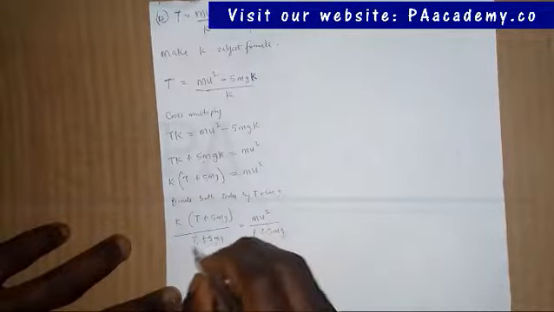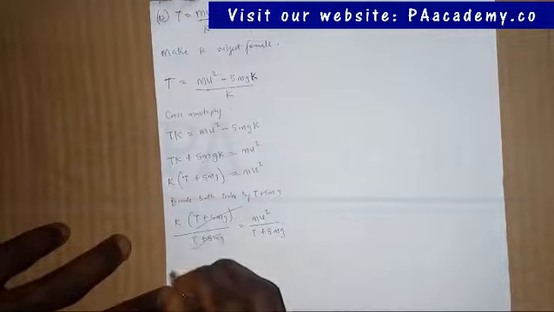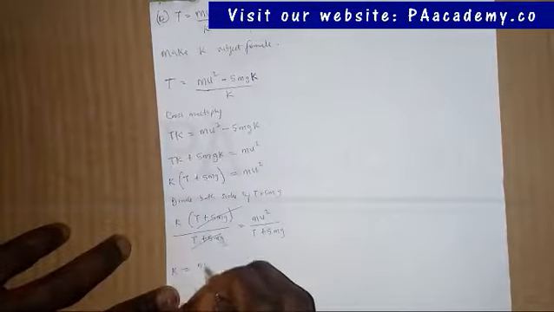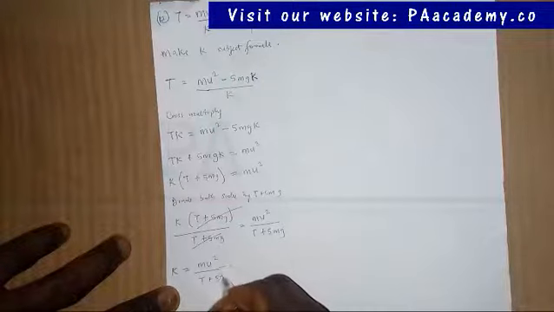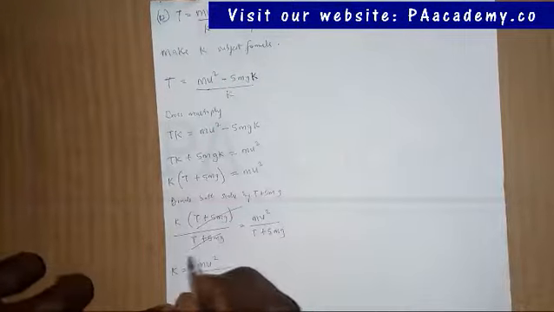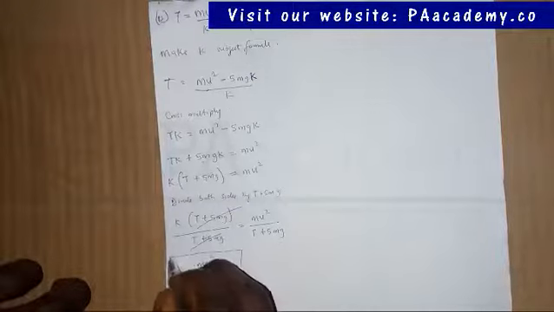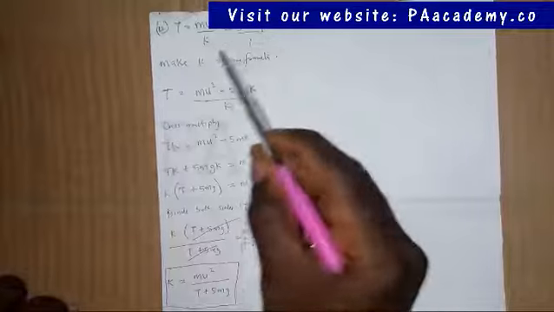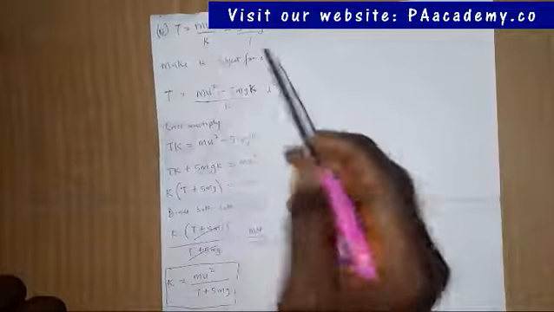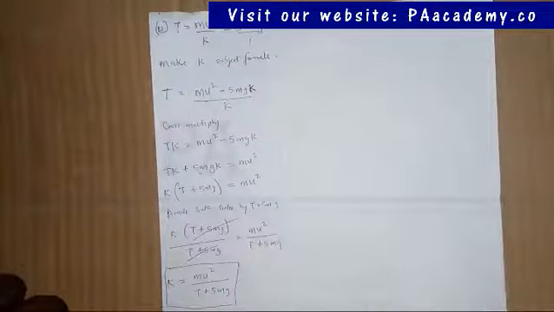Are we good? So this will cancel this. Now we are left with k equals mu square over t plus 5mg. And here is what we get if you make k the subject formula in this particular equation. I hope you got that.